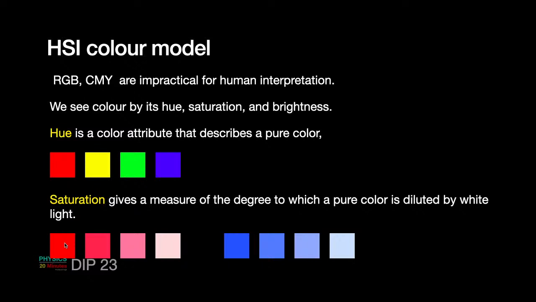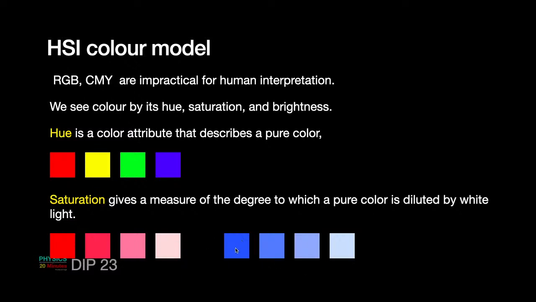Pure red is a very subjective term, and I will talk about that a little later. Now here the red is diluted, in fact diluted with white. So it gets a little weaker, a little pinkish. This is light pink, and this is so light that it almost looks like white.